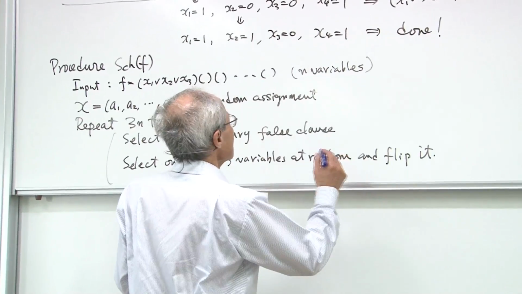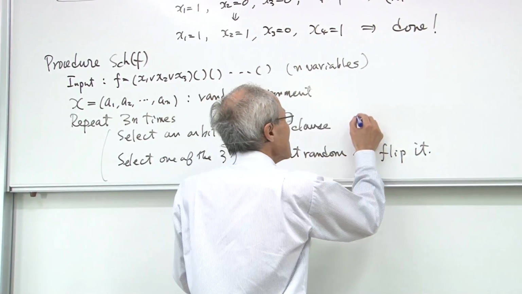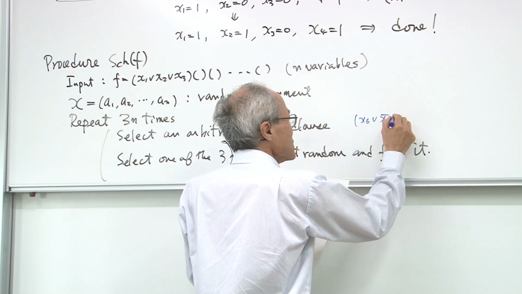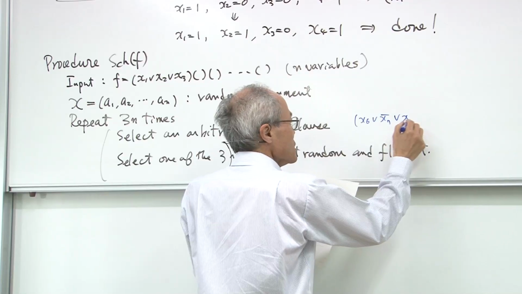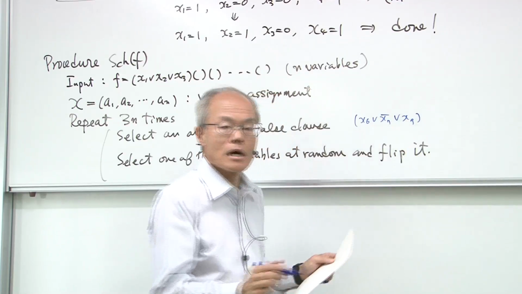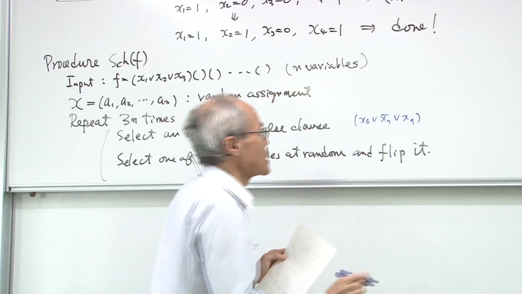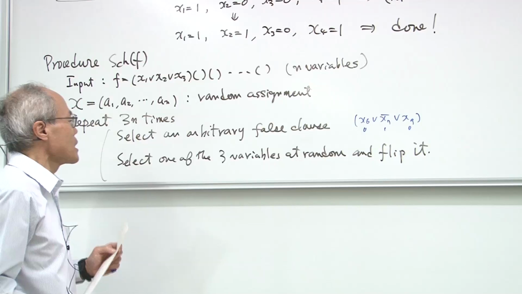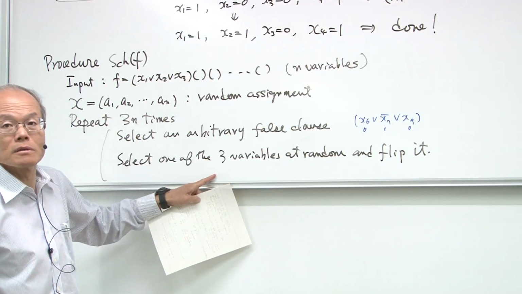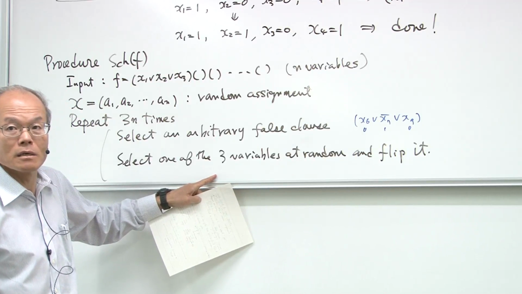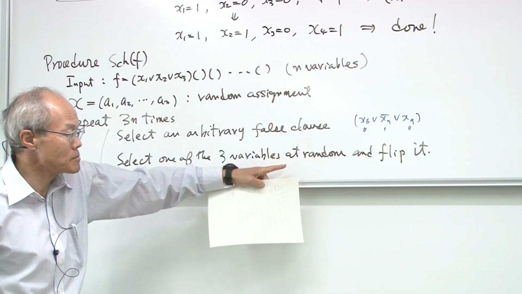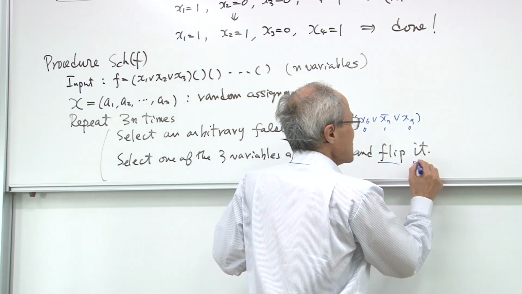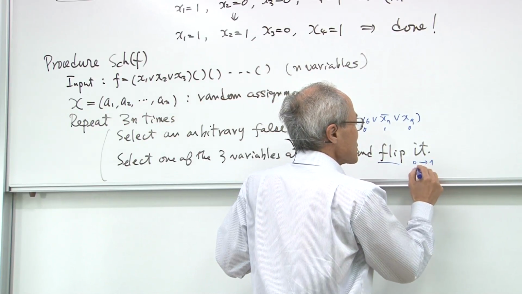Select an arbitrary false clause. For example, x6, x7, x9. Now this guy is false. That means the current assignment is 0, 1, 0. Then select one of the 3 variables, x6, x7, x9, at random, and flip it. Flip means, of course, change 0 to 1 or 1 to 0.